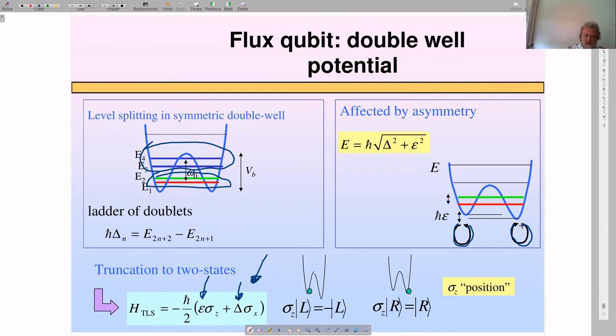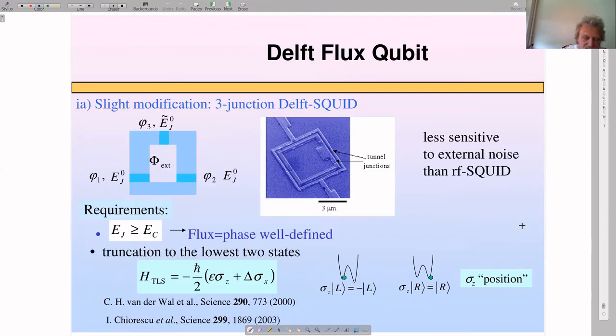And for these two wells, these currents are just of opposite sign. In practice, it is better not to make a large inductive loop, but just to use two other junctions instead of this loop. And that's a practical realization which has been done in Delft.